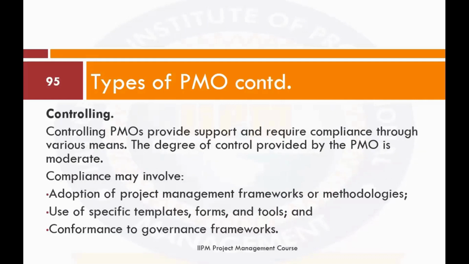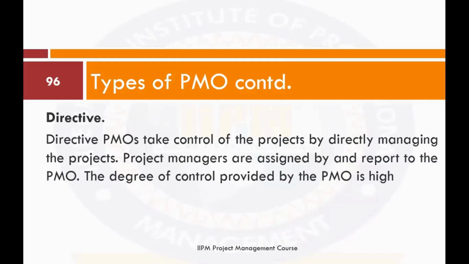In the controlling PMO, the degree is high. But in the directive PMO, the authority that the project manager is bringing is low, while that of the PMO is high. So the project management officer is more like a director. The project manager reports to him as more like a director or a superior. Okay, all right.